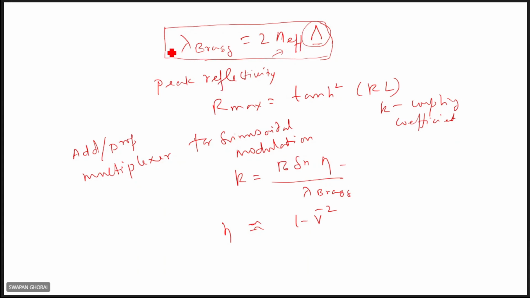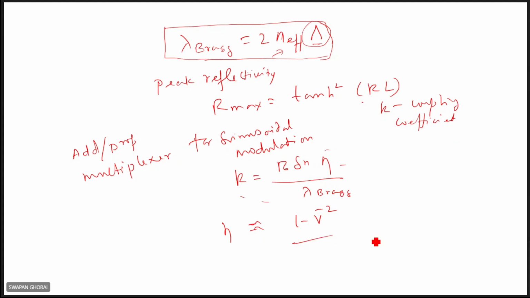And you see the peak reflectivity of that particular wavelength is hyperbolic tan square of k times L, where k is the coupling coefficient. For sinusoidal modulation, k has this value. And this eta is the fraction of light contained in the core; it depends upon the V number of the fiber.